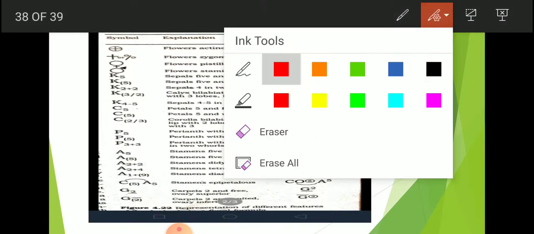Then K indicates the calyx. The 5 written is the number of calyx present, and when it is not in brackets, it means it is free. In the next, the 5 is under a bracket, meaning the calyx is united.